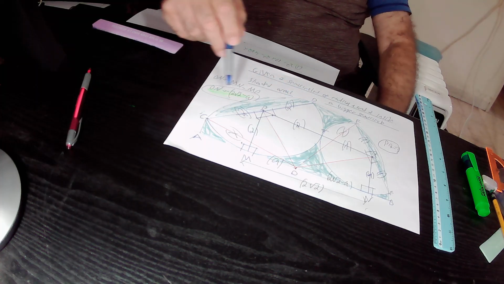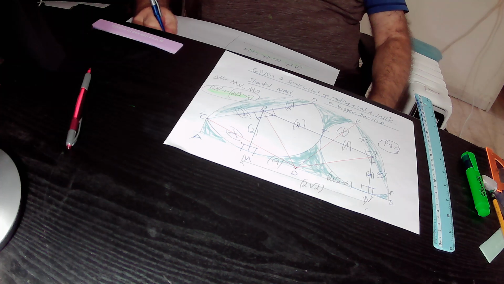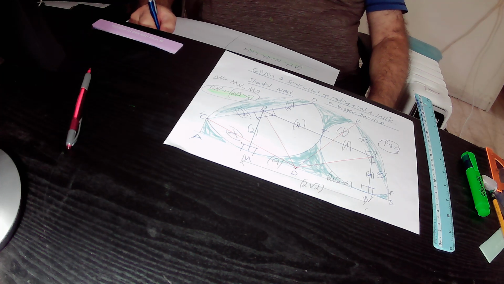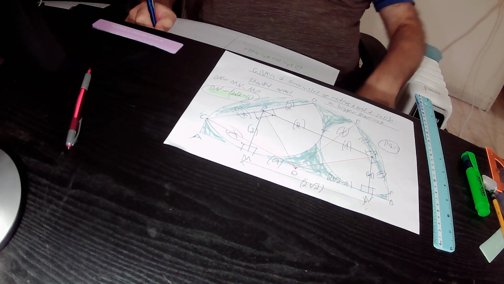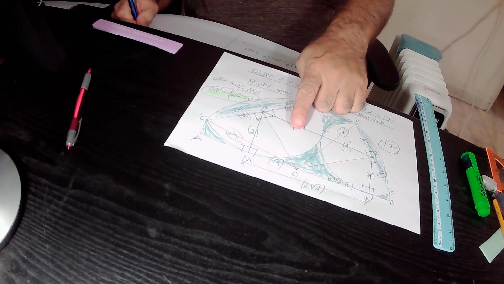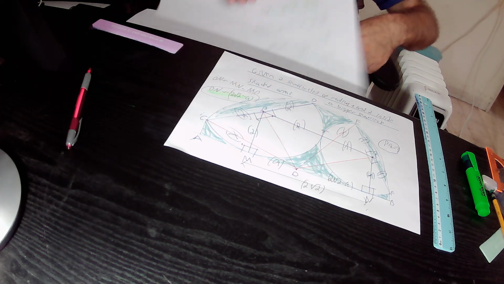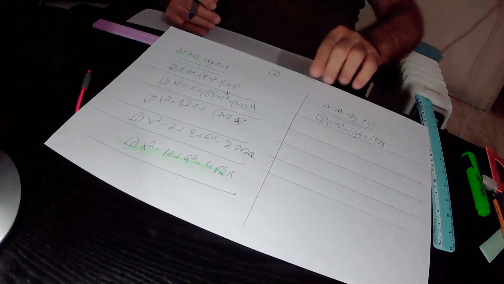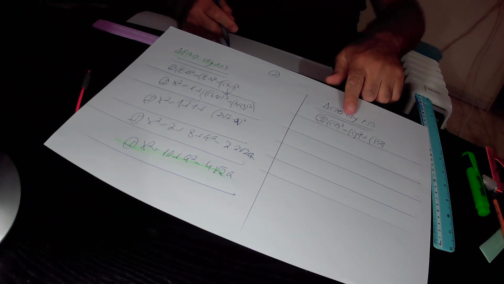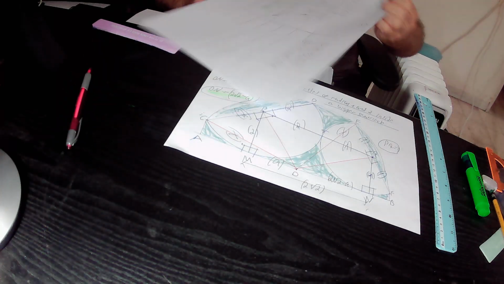So in this right triangle CPO, according to the Pythagoras theorem, CO squared, that is the square of the hypotenuse, is equal to CP squared plus PO squared.